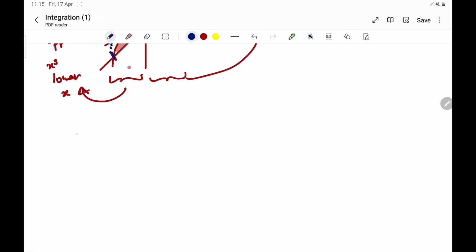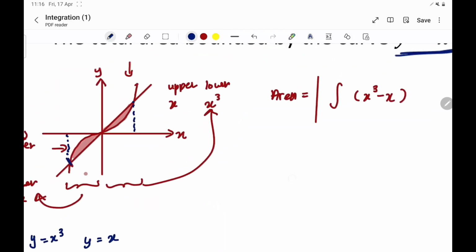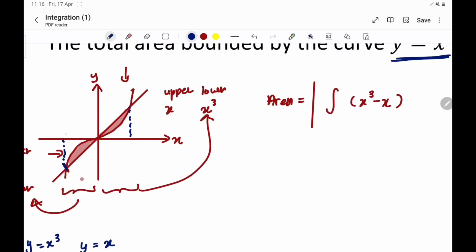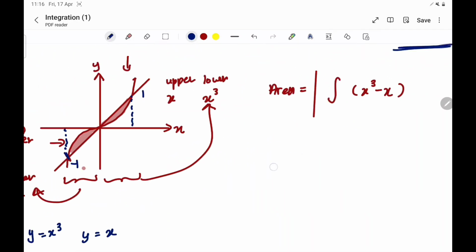So you have y equals x to the power of 3, then you have y equals x. You put them together. You find them, and then here you're going to get x equal to -1. This one you're going to get equal to 1. So after that you substitute here, because at this region it is -1 until 0, right?